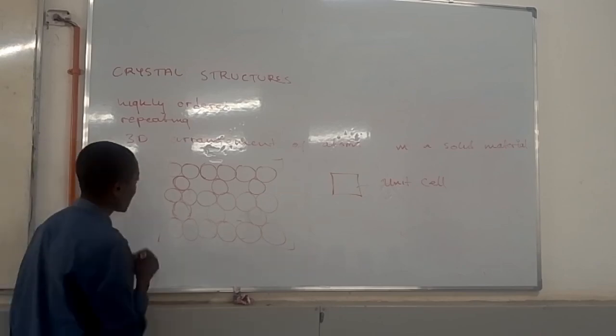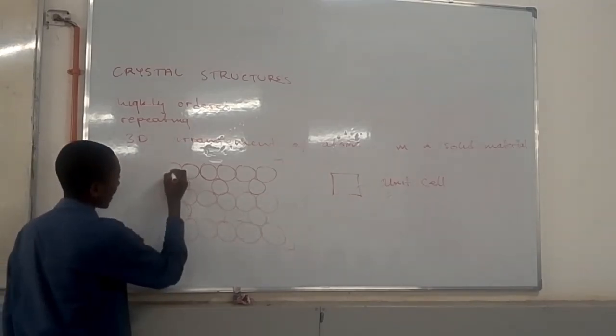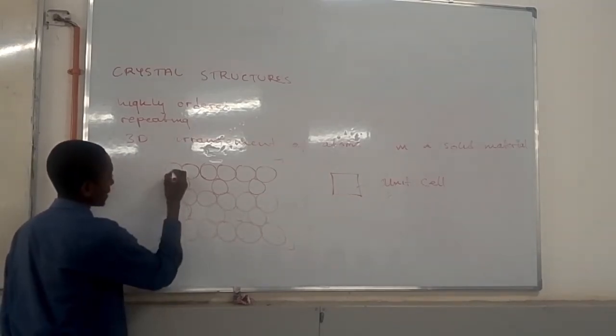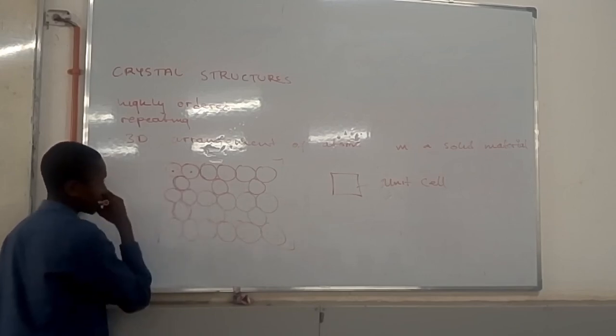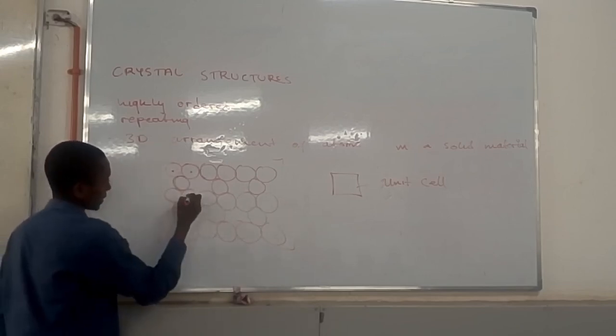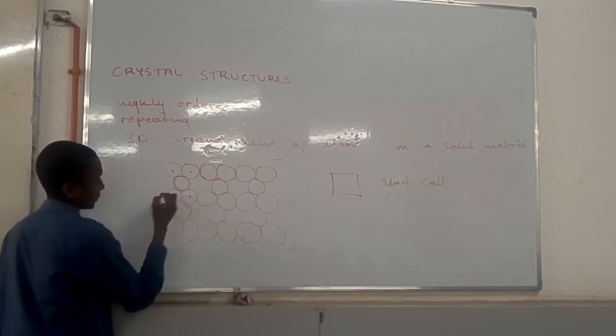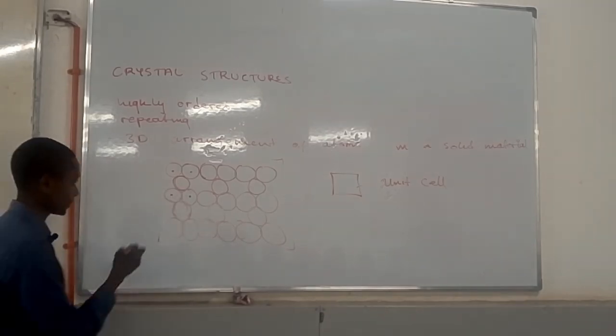So the unit cell starts from the center of an atom. From the center of this atom, to the center of the next atom, to the center of the other atom like this.